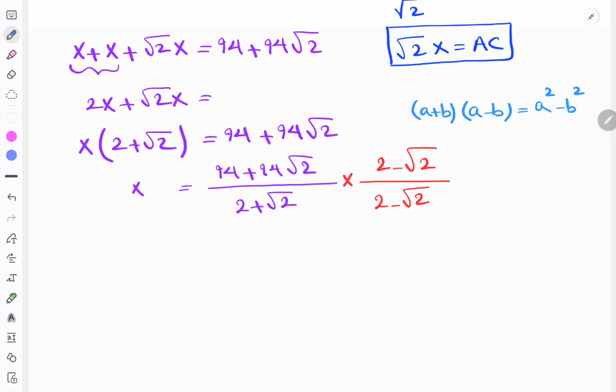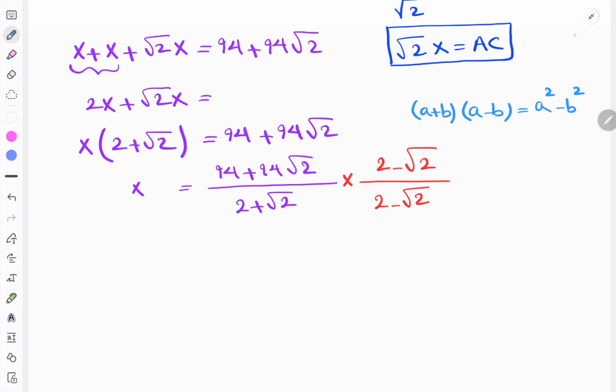This is an identity which is called difference of squares. And by using this, we are going to find the square of a and b and get rid of radicals. So we use this difference of squares for finding a rationalized denominator.